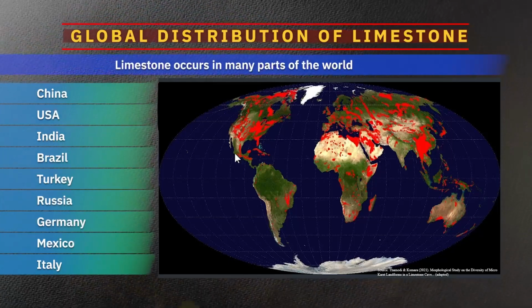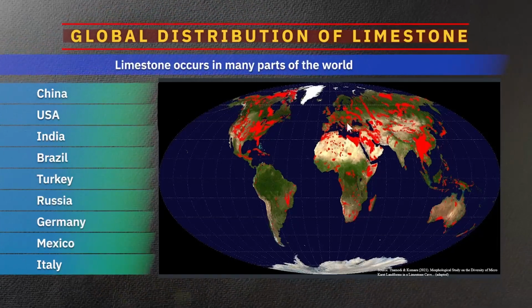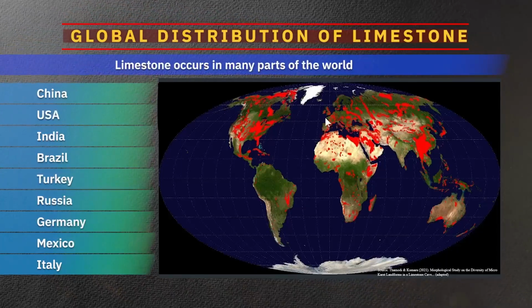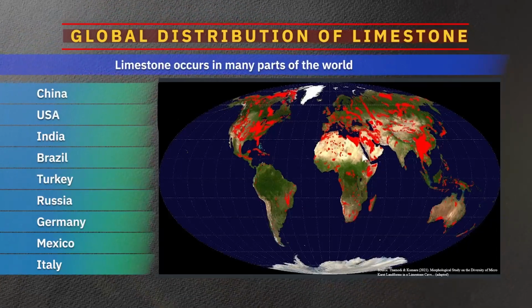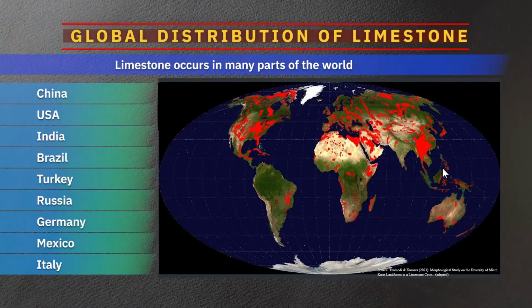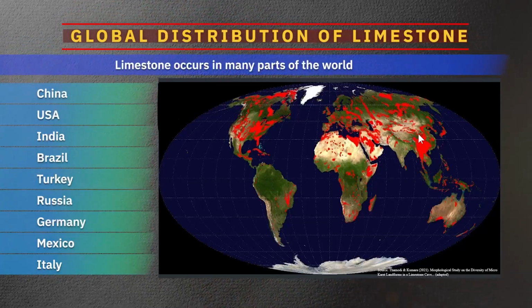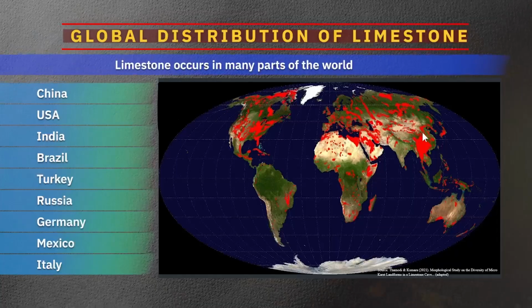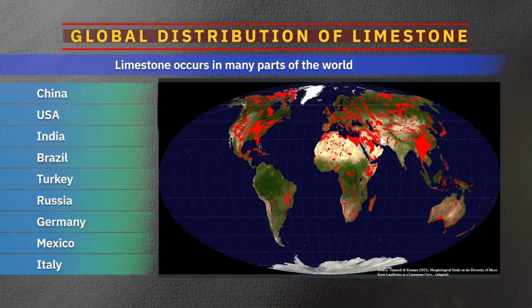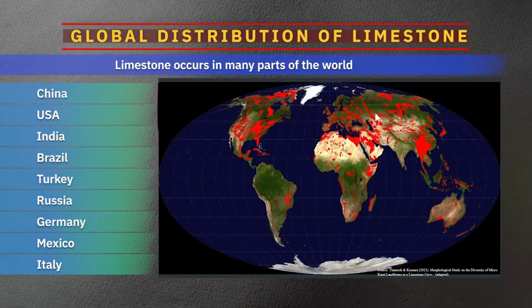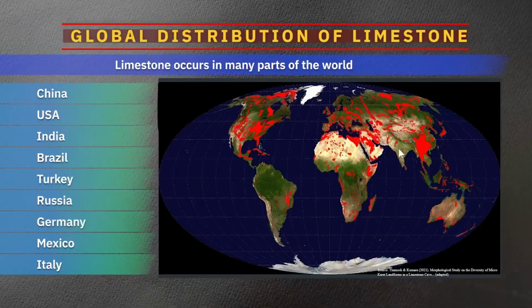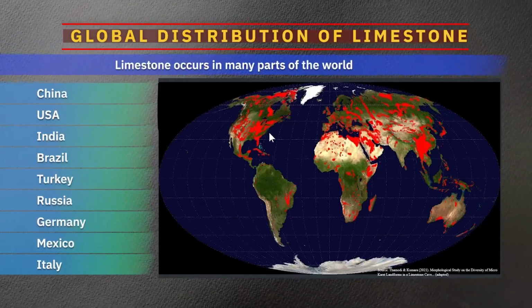Now let's look at this map very carefully. We can observe several concentric patterns of limestone distribution. In some parts the concentration is very high, in Asian countries, some Arabic countries, parts of Europe and Asia, and also in North America.